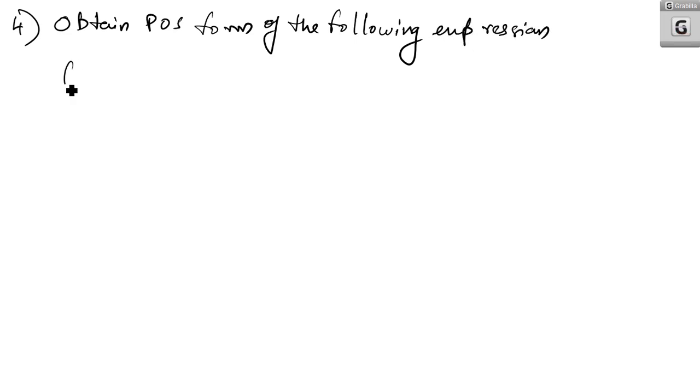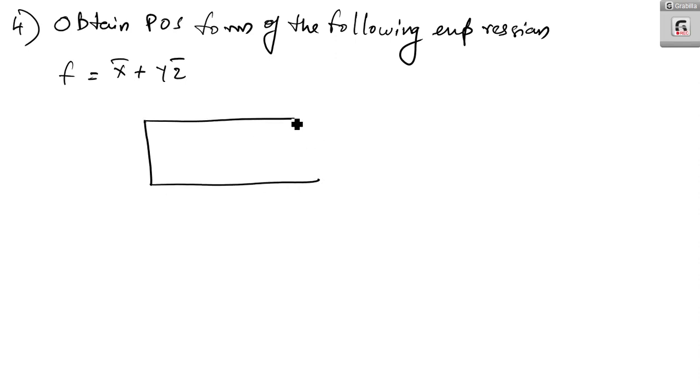So the question is given by F is equal to X bar or Y is Z bar. So here you are having only 3 variables. So first let me form the K-map directly. From the K-map itself we can toggle between these SOP forms and POS forms.